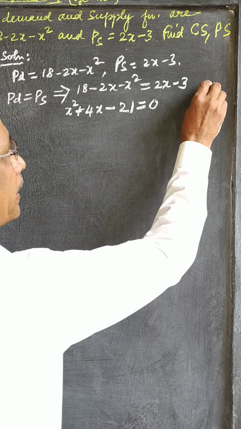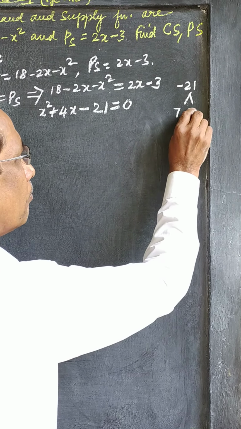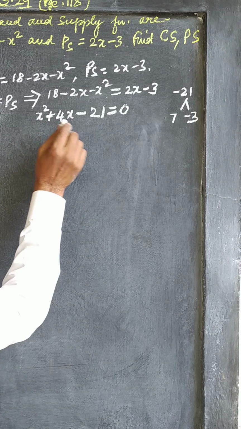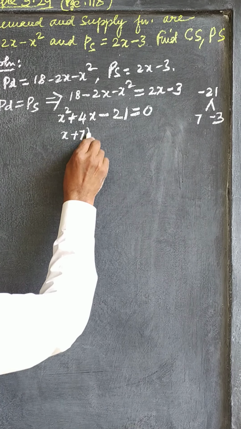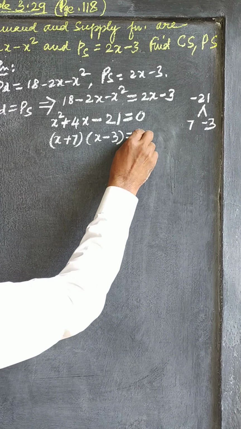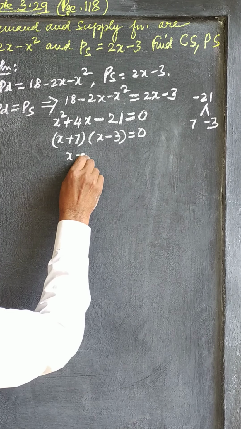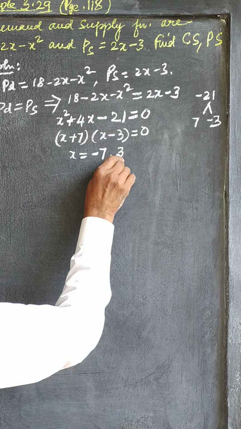Here minus 21 is the product, so 7 into minus 3. We can factorize this as (x plus 7) into (x minus 3) is equal to 0. Therefore, x is equal to minus 7, plus 3.